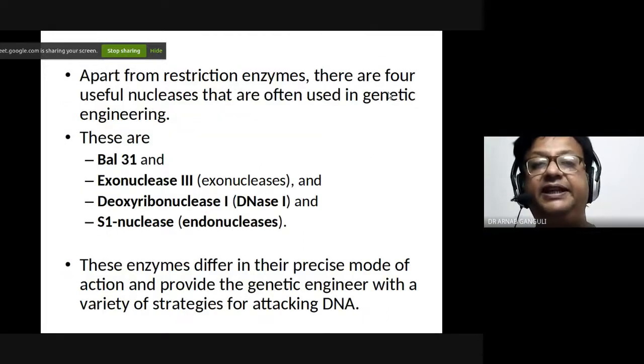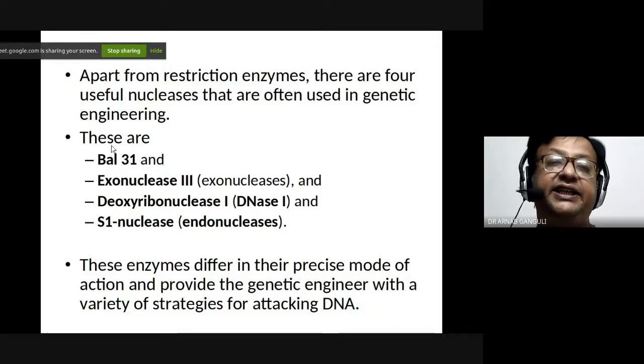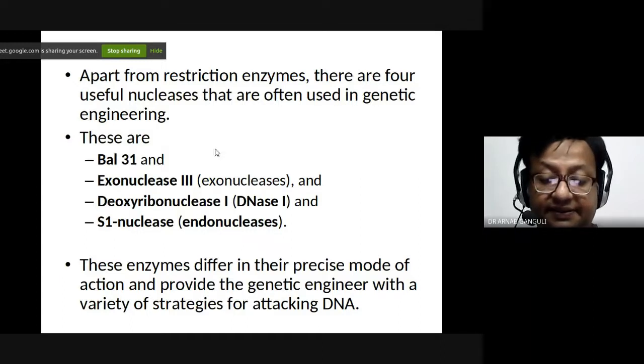Apart from restriction enzymes, there are four useful nucleases that are used in genetic engineering. One is BAL31, exonuclease 3, DNase 1, and S1 nuclease.